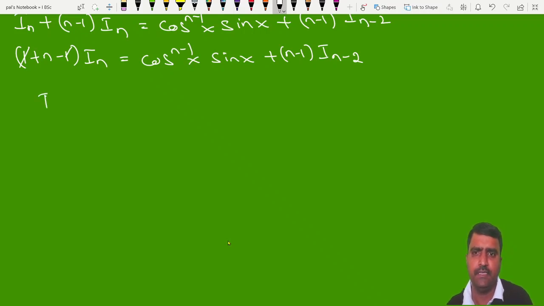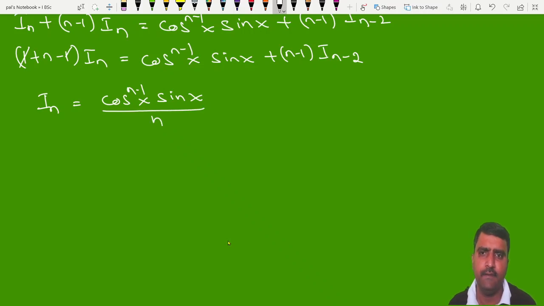So then it gives that In is equal to cos to the power n minus 1 x into sin x, divided by n, plus (n minus 1) by n into I n minus 2.